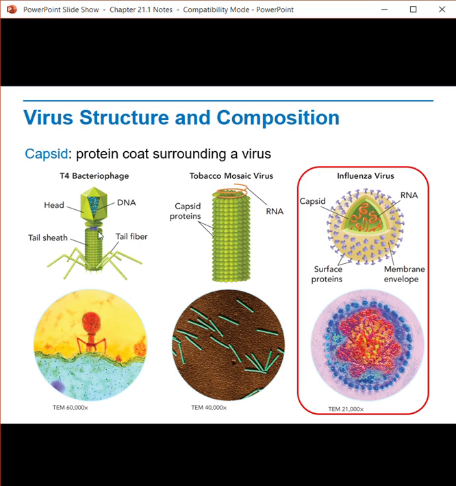It has the head, the tail sheath, and the tail fibers. So this would be your head. You can't really see the tail sheath, but if I had turned it around, you would. If you look right here, you can kind of see what it looks like. And then it has these little legs going on right there.